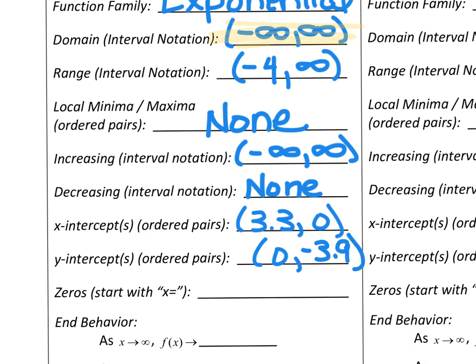And remember that x-intercepts and zeros should have the same number part, but they're just written differently. So your zero is going to be x equals 3.3.